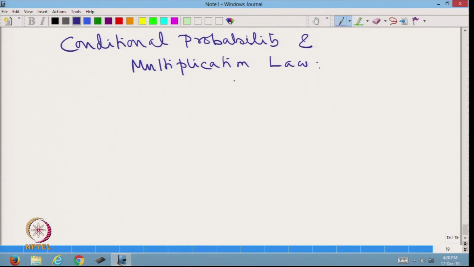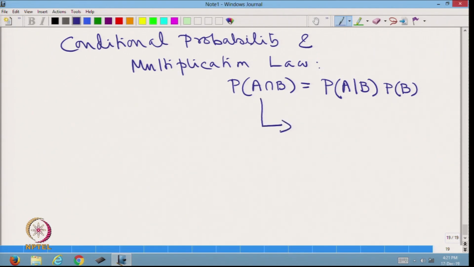That is, probability of A intersection B is equal to probability of A given B into probability of B. In a very symmetric way, we can also write it as probability of B given A into probability of A. So, depending upon the situation, we try to obtain the probability of the joint occurrence of A intersection B. We shall see many problems later.